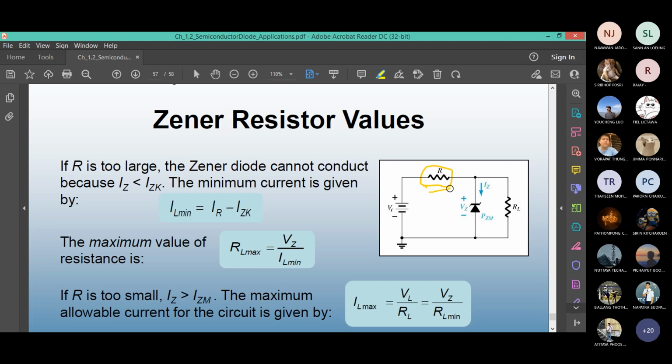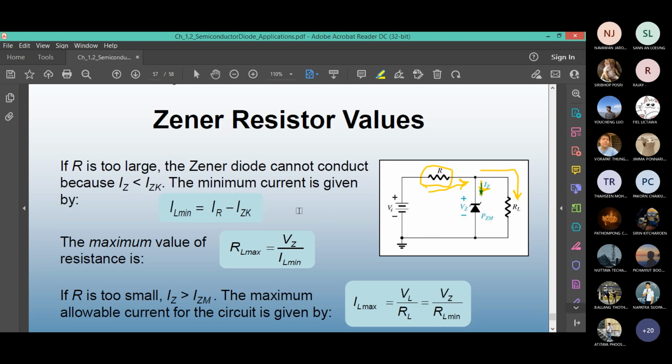And also you see current coming at this node. According to Kirchhoff's current law, some of it will have to go to the load, and the other branch will go to the Zener as IZ. Now imagine if you have too large a value for R, you already start with a small current which is further branching.